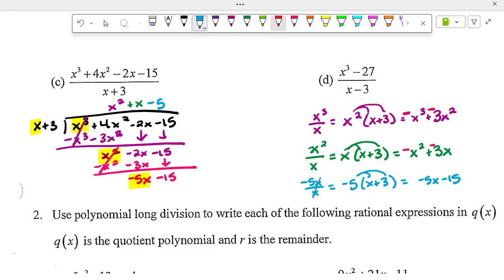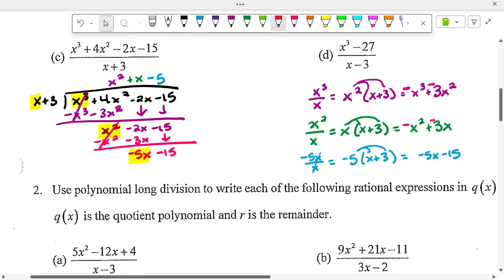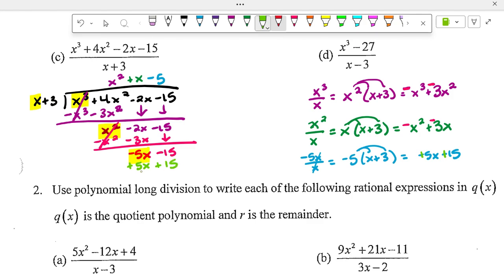Autumn. Mm-hmm. So change the signs and subtract that to the other side. So the negative 5x and the 5x cancel. Autumn, what's negative 15 plus 15? 0. Now, here's what's different.